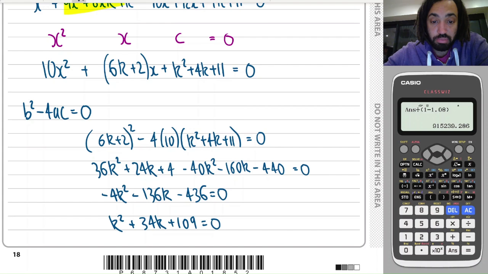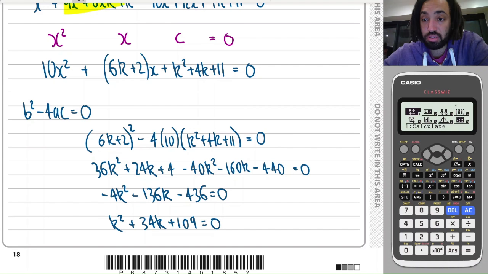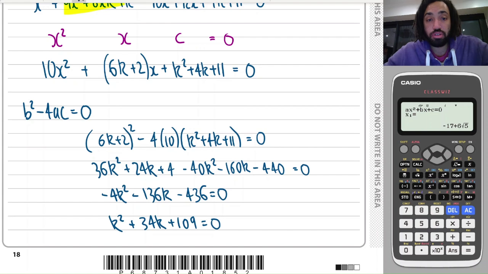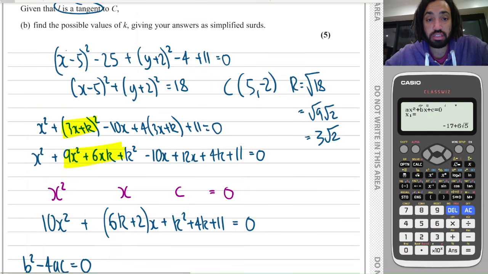Okay, let's put that into our calculator because that looks horrid. Equation, polynomial, quadratic, 1, 34, 109, go. Okay, there's 2 solutions, but what does the question say?